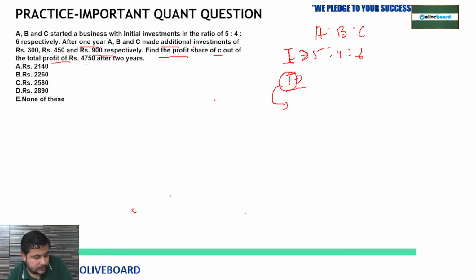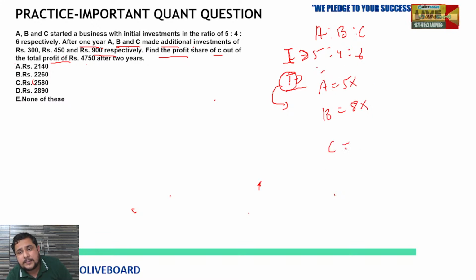Now see, ABC started a business with initial investment in the ratio of 5:4:6. After 1 year, ABC made additional investment. So their investment is given to us here. We can assume that initially for 1 year, A invested 5x, B invested 8x, right?